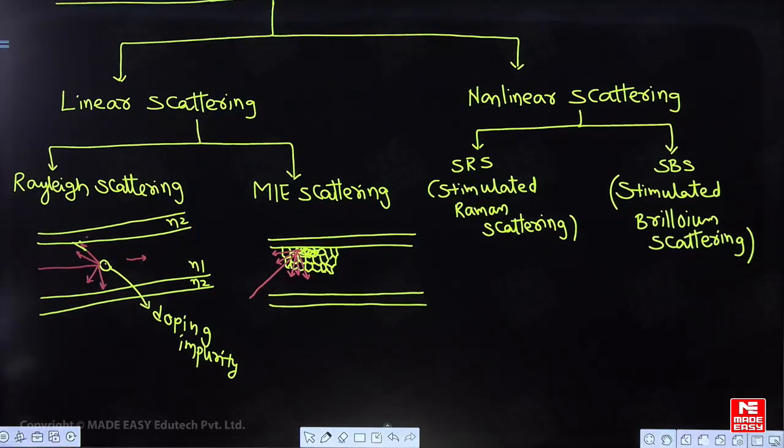Please put the heading as Mie scattering. Mie scattering, first point: Mie scattering is due to molecular deformation in the structure of the glass.